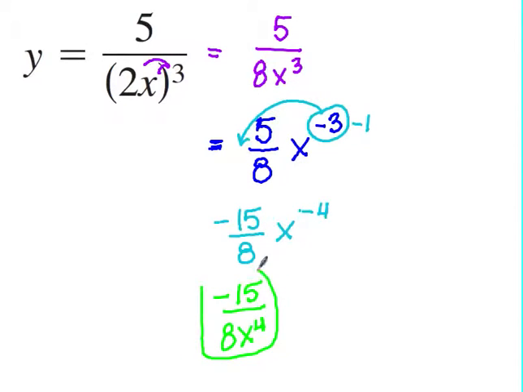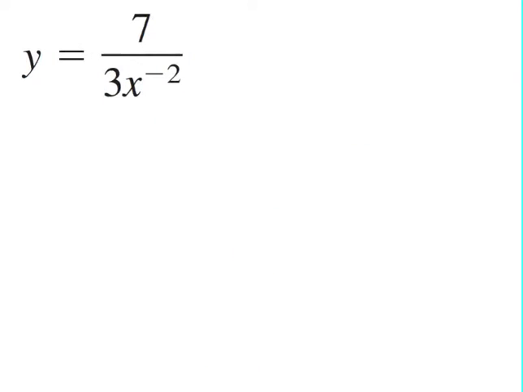So when you have a quantity, you've got to get rid of that power first. Another scenario you might run into. What happens with this one? Remember, you cannot find the derivative if the variable is in the denominator.